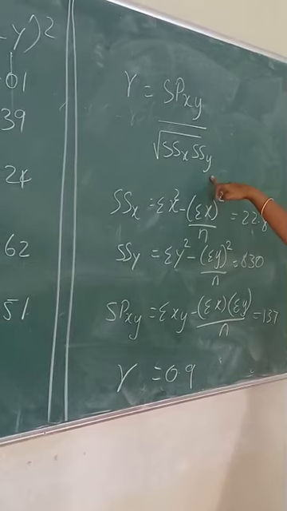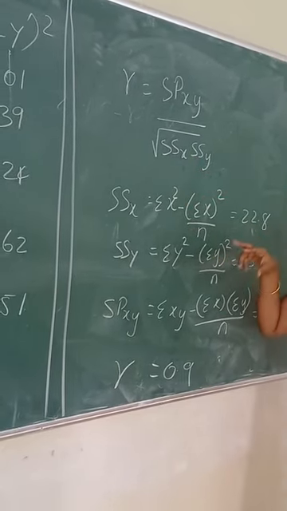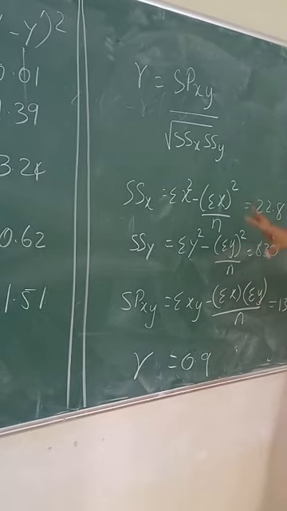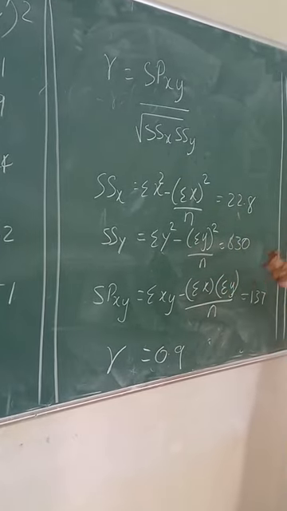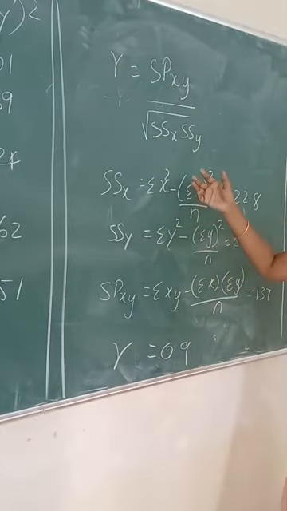First we have to write the formula for SSX. The best method of dealing with the problem is to write the formula first. As humans we sometimes make mistakes, right? So at least you will get the marks for the formulas.